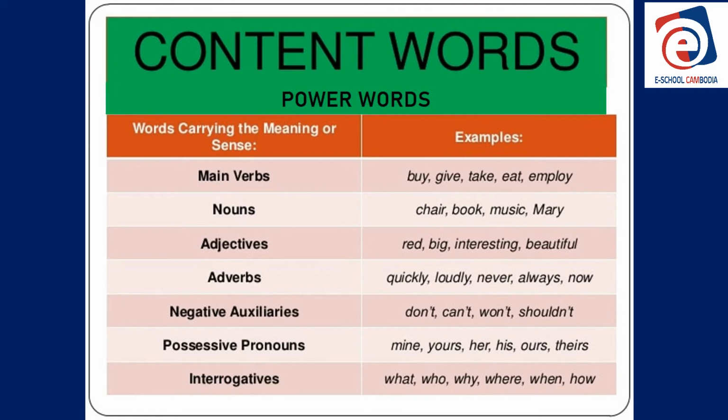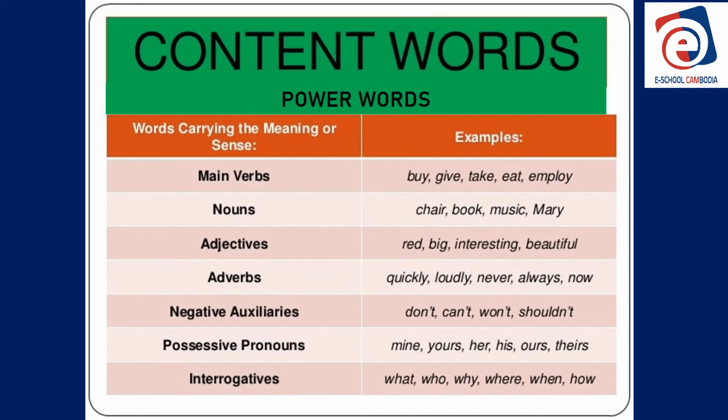And so we stress main verbs, for example, buy, give, take, eat, employ, you see them. We stress nouns: chair, book, music, marry. We stress adjectives. We stress adverbs like quickly, loudly, never, always.